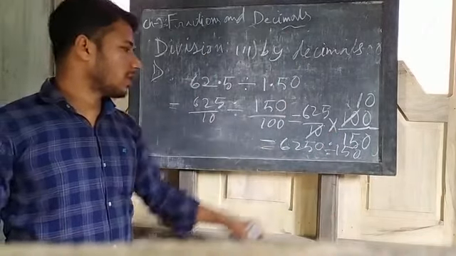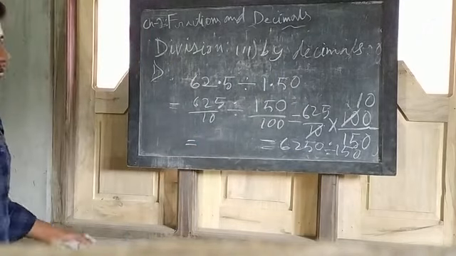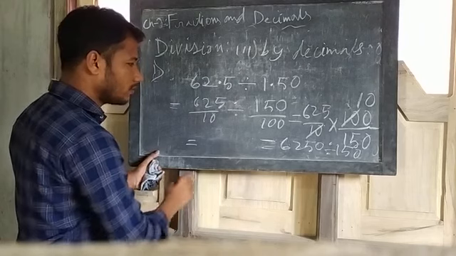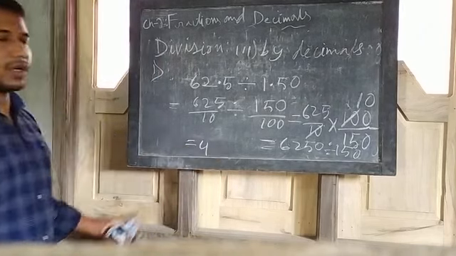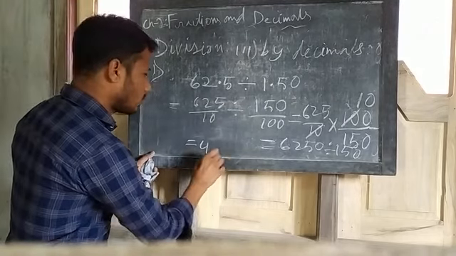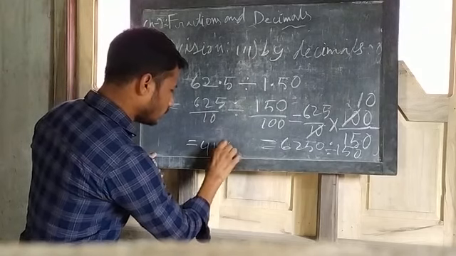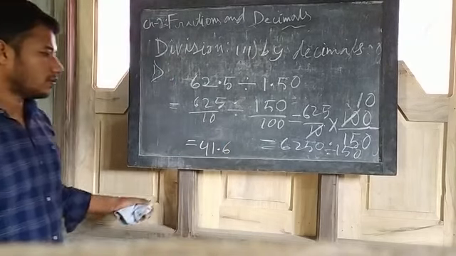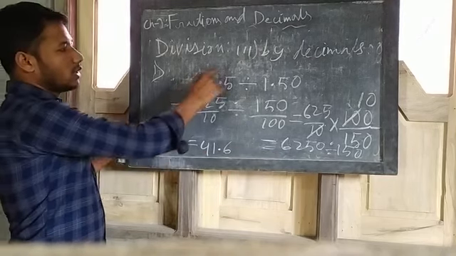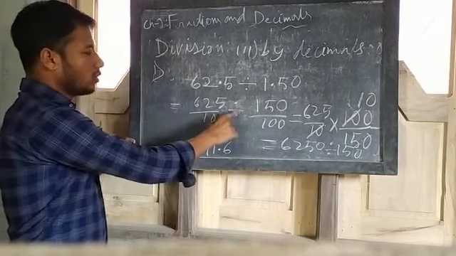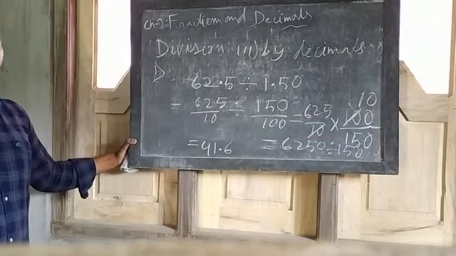So if we divide by 150, there will be 4 point something. Okay. So there will be decimal numbers. So in division by decimals, first we have to convert this into fractions, then we have to divide.